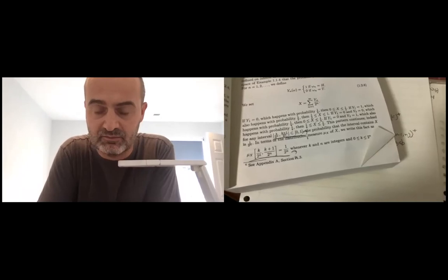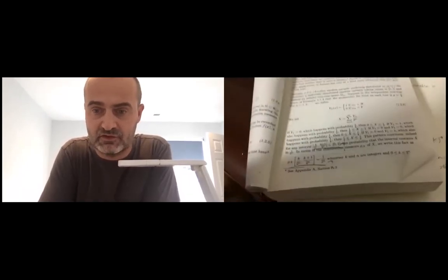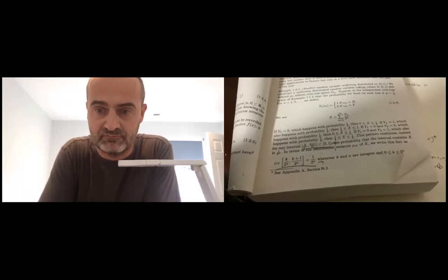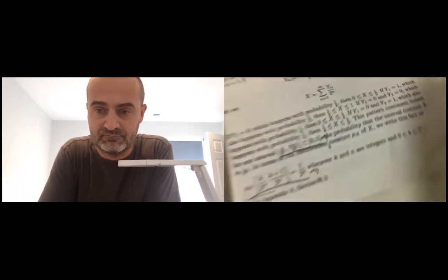I can't read that quickly, but if you look at the length of that interval, k divided by 2 to the n and k plus 1 divided by 2 to the n, if you look at the difference between these two endpoints, you're going to get 1 over 2 to the n. Oh, I see, thank you.